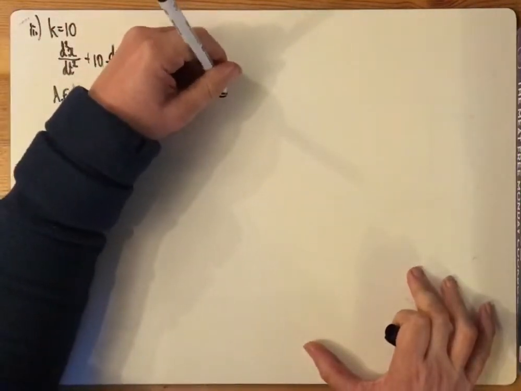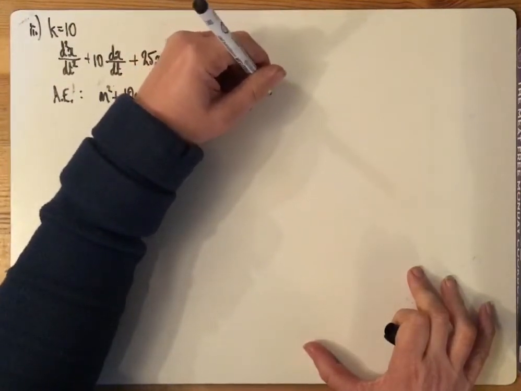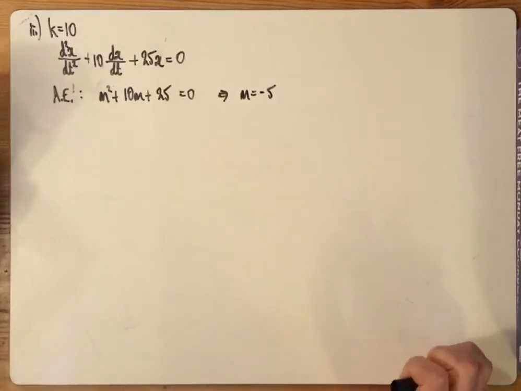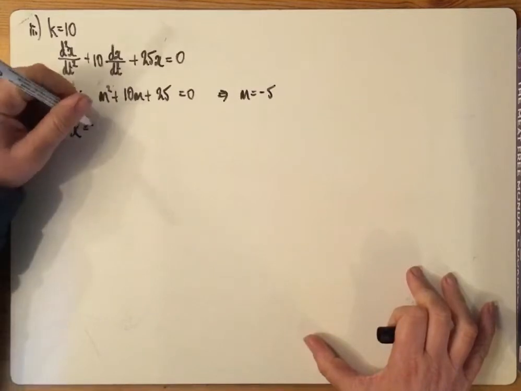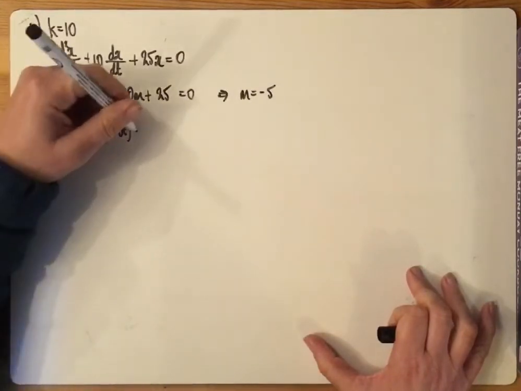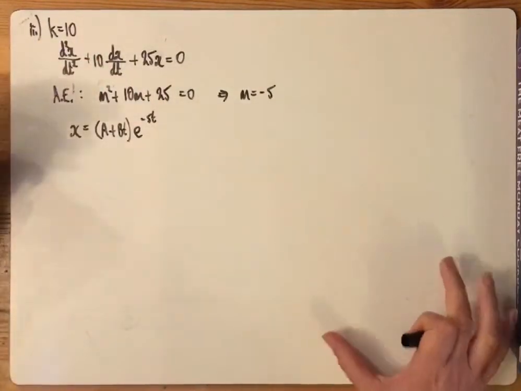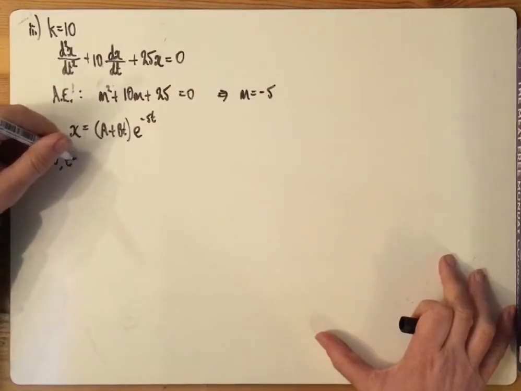And that gives you that m is equal to minus 5. So you've got a repeated root and the discriminant is equal to 0, and so the general form of that is (a plus bt) e to the minus 5t. And again, initial boundary conditions give you a and b.